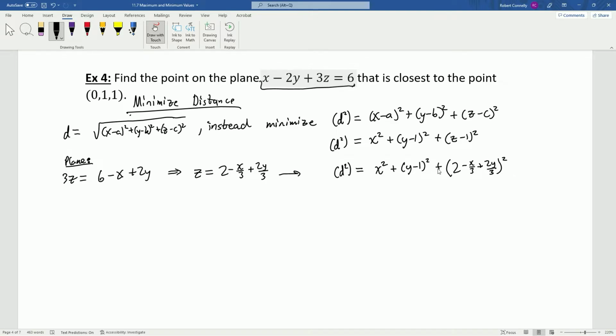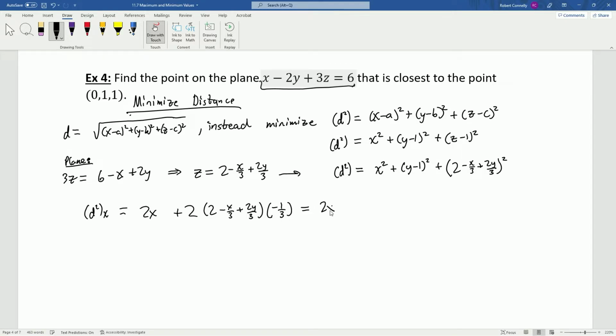Okay, and now we could multiply all this out before taking our derivatives, but keep in mind this is going to be a real mess to multiply out, so it's actually going to be easier to just use the chain rule on this portion anyways. So that's what I'm going to do. I'm just going to use the chain rule here. So we'll take the derivative with respect to x. We get 2x. This will be 0 plus 2 times this expression to the first power times the derivative of the inside of this function, which is just negative 1/3 in terms of x.